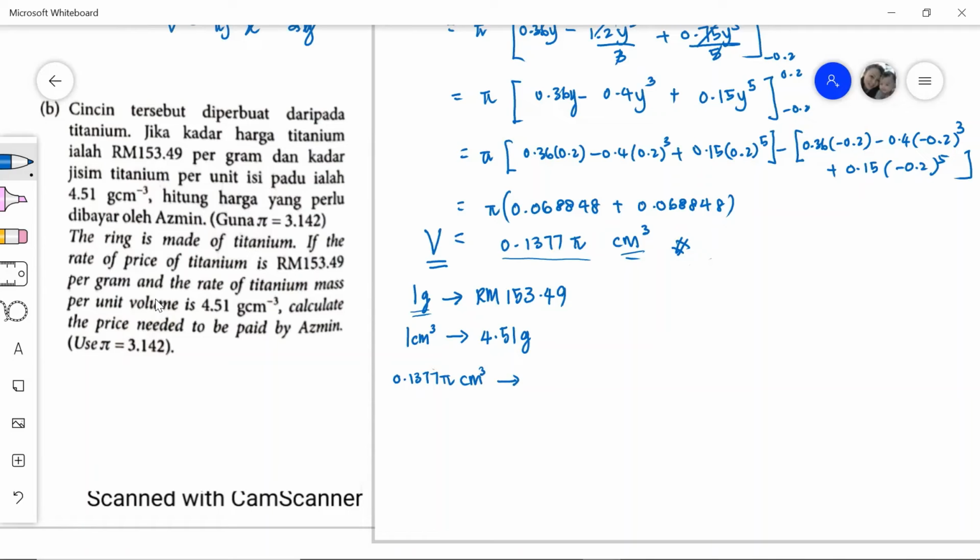How heavy is it? What is the mass? So let's see from 1, how do we get to this? Isn't it we multiply by 0.1377 pi? So this side also we do the same thing. We shall take 4.51 times 0.1377 pi. The pi is 3.142, the value given in the question. So we will get the mass of the titanium ring.